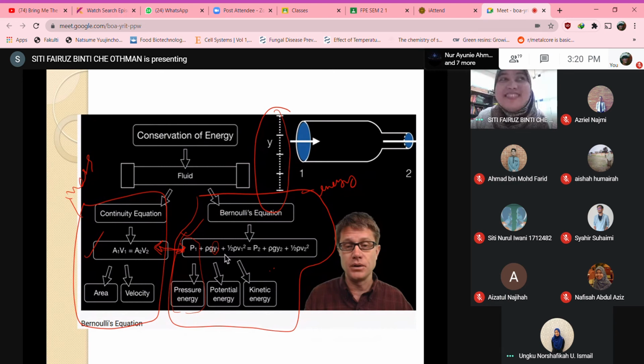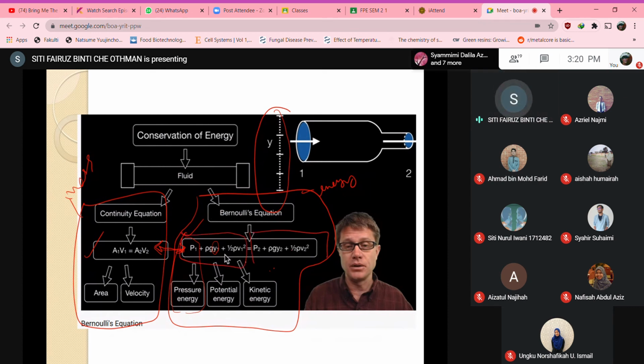Understand? So it's the same as before, A1, V1, density 1 and so on. What happens on this side should equal what happens on this side. I just want you to understand the concept, because I think in exams I will not ask you the calculations. If you understand the concept, that's more important.